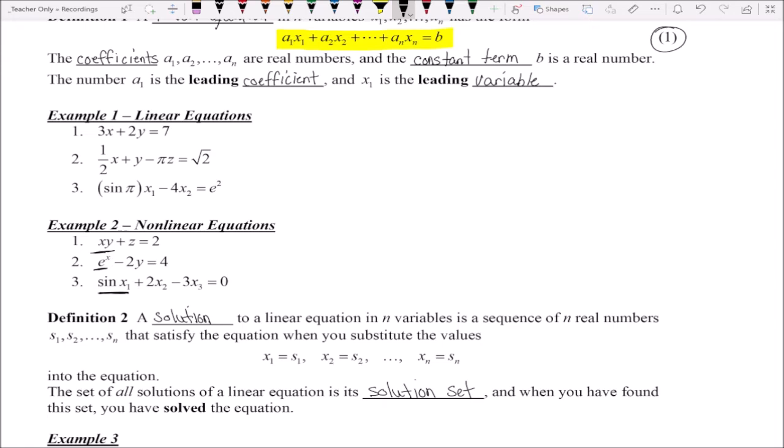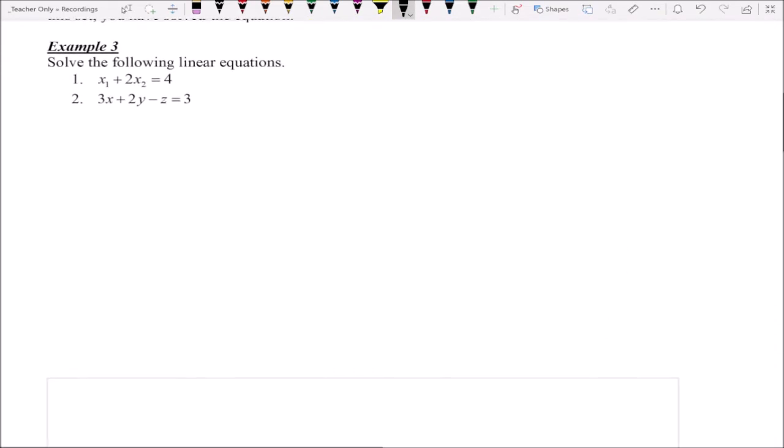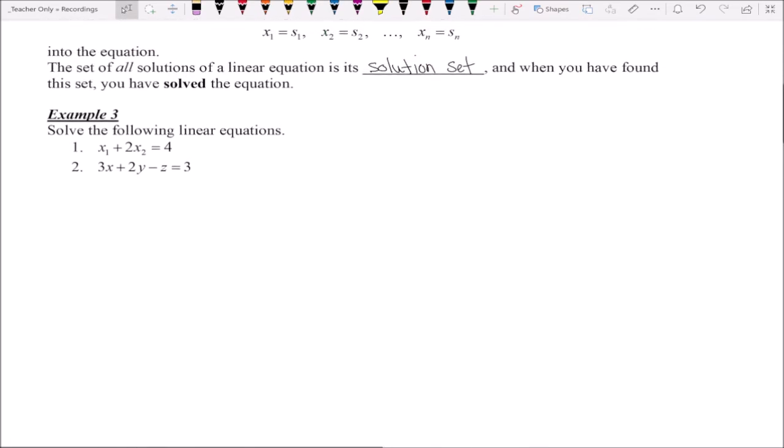In the next example, we're going to solve two linear equations. We will solve first x1 plus 2x2 is equal to 4. To do this, this means that x1 is equal to 4 minus 2x2.